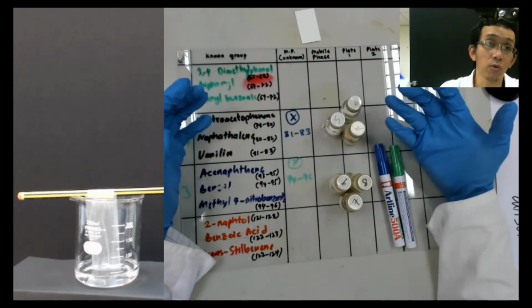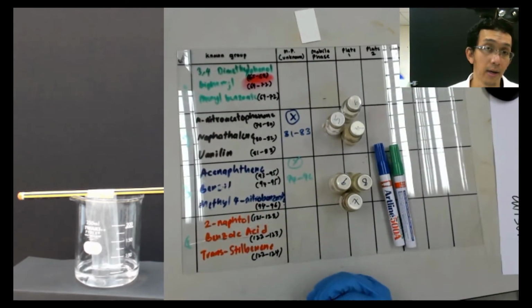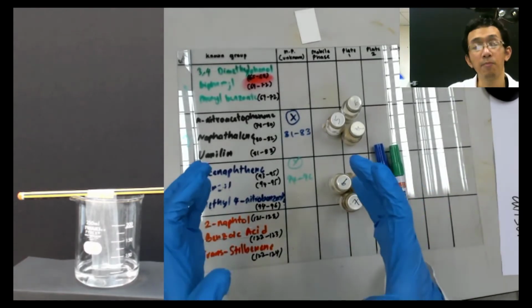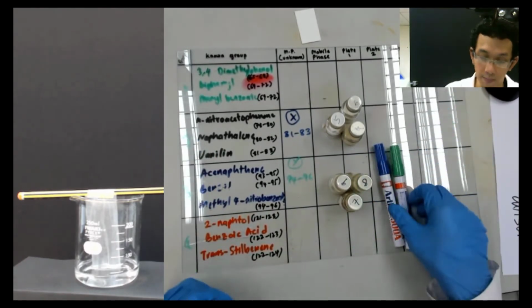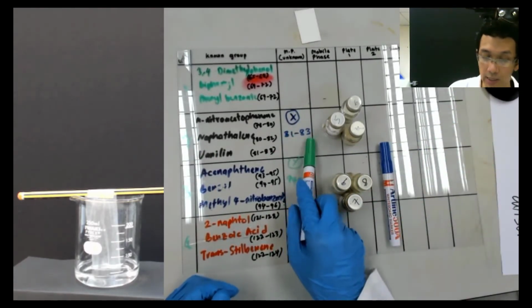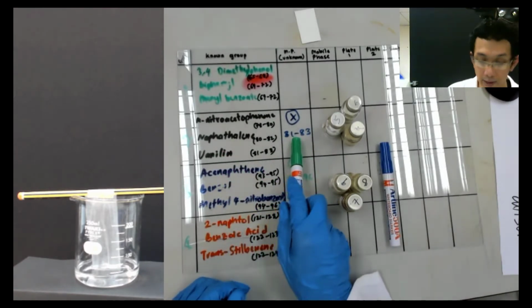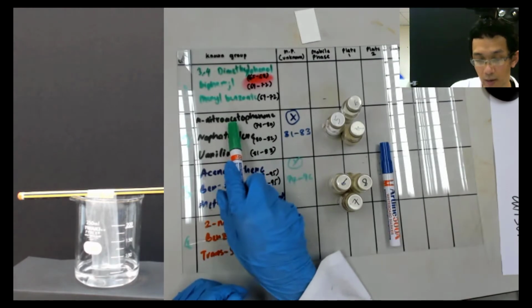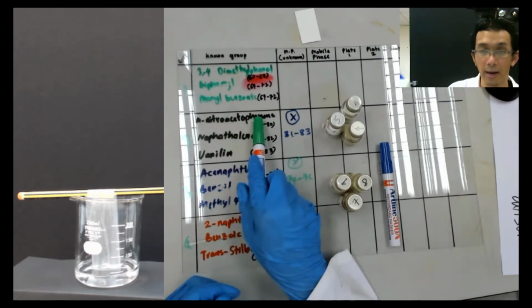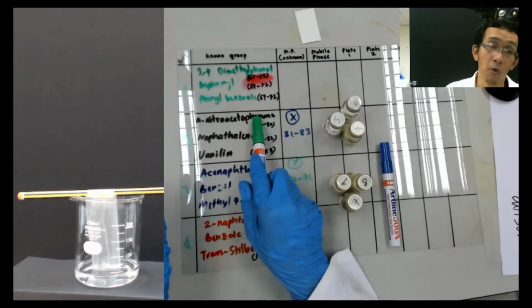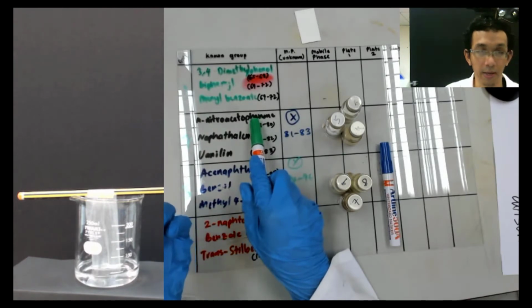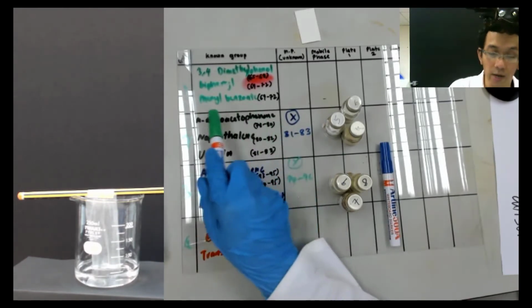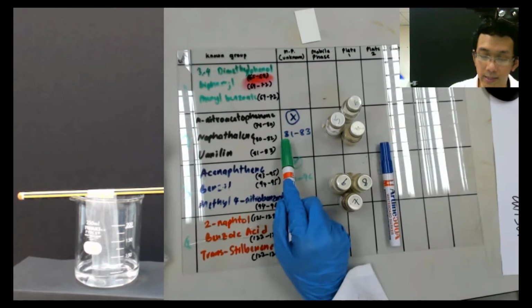In reality, when you want to detect an unknown, the melting point will be a larger range. For example, even though it's 81 to 83, you might say it's vanillin, but it might also be naphthalene, or maybe nitroacetanilide, with some more pure or some impurity. That's why we put it in groups, because we are still not sure.